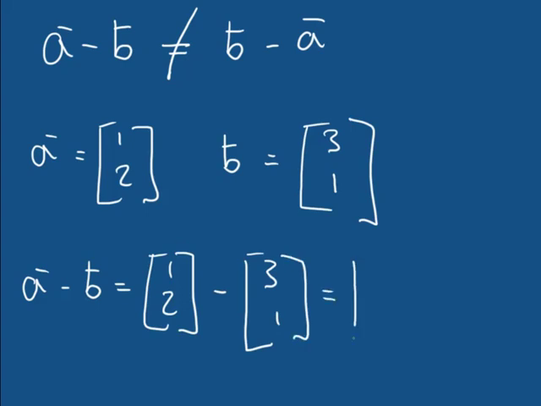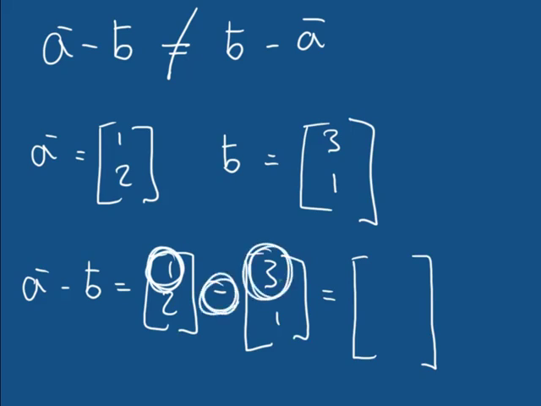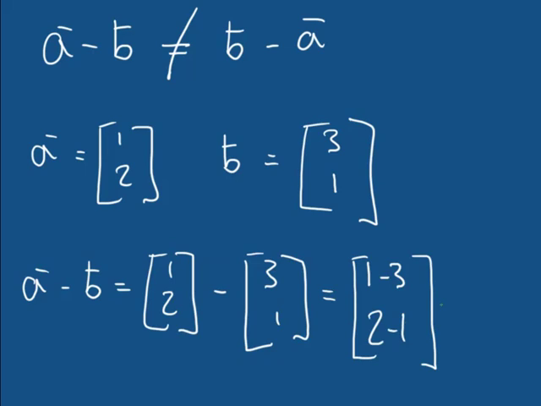For our first component in the result, we take the first component of the first vector, subtract from that the first component of the second vector, so we get 1 minus 3. For the second component of our result, we take the second component of the first vector and subtract from that the second component of the second vector. That's going to give us 2 minus 1. So our resultant vector, 1 minus 3 is negative 2, 2 minus 1 is 1. So A minus B is equal to (negative 2, 1).